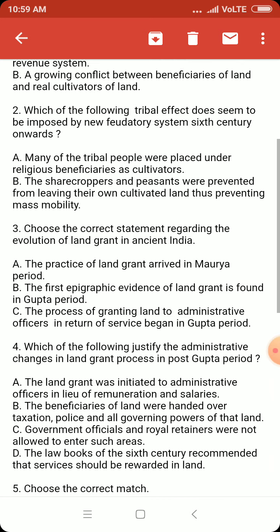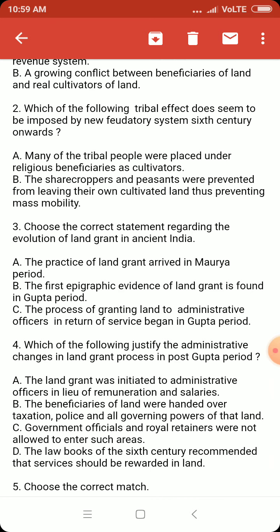Option A. Many of the tribal people were placed under religious beneficiaries as cultivators. This is true. When land was granted to administrative officers, to Brahmins, or to any royal persons, he gradually controlled this land.